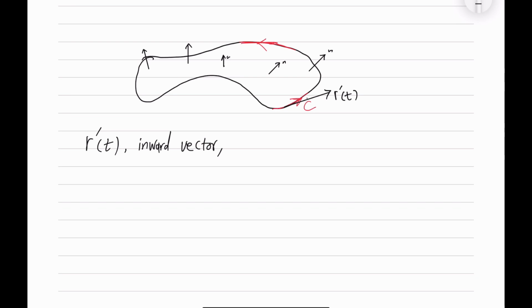So if we move in the closest direction and we move into the region, that will be the inward looking vector. The picture may be misleading, but this does move into the surface. It lies in the surface. It's tangent to the surface, but instead of being tangent to the curve, it's perpendicular to it.